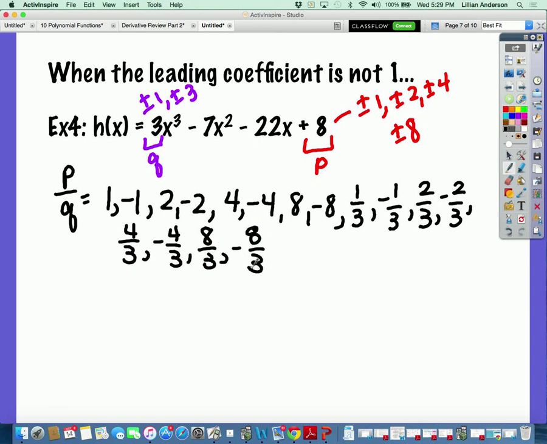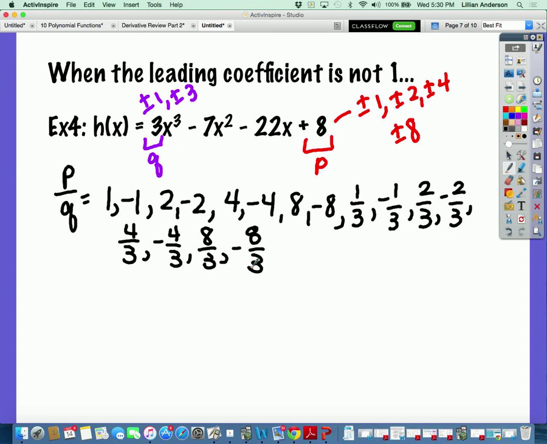These here are all of my possible rational zeros. And I will start at the beginning of the list and work my way through and do synthetic division until I can figure out which one is a rational zero.